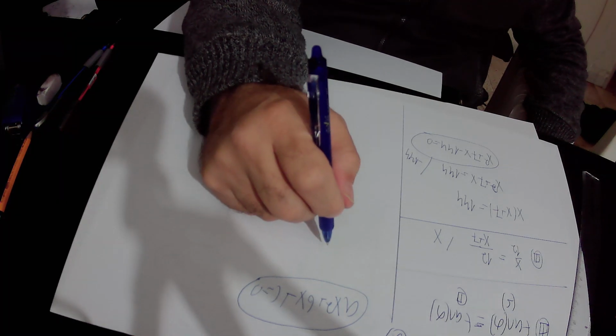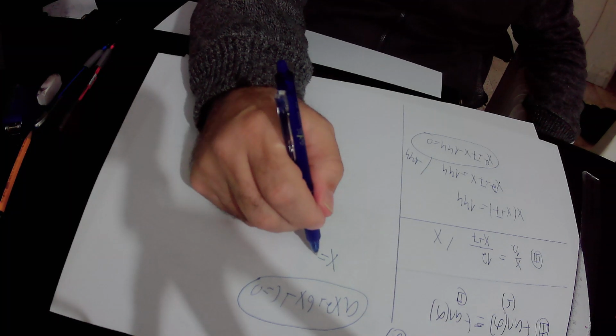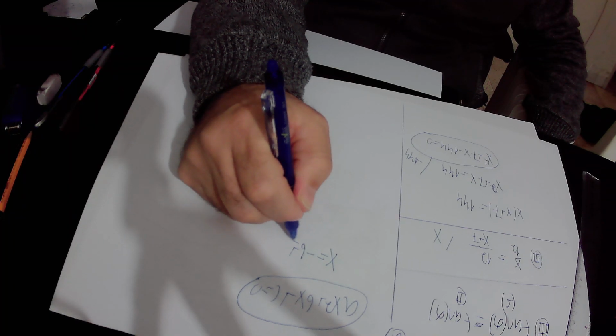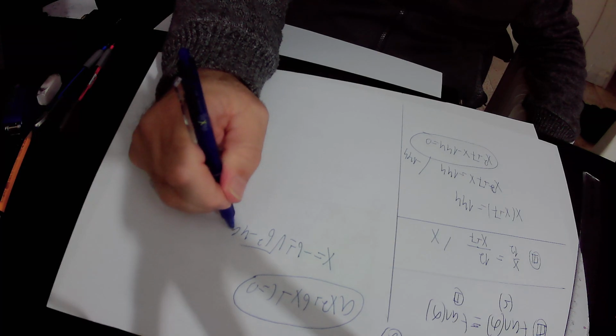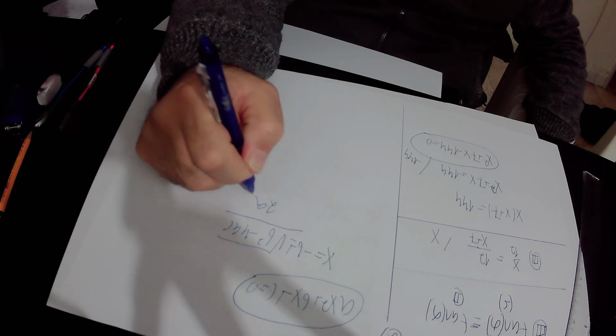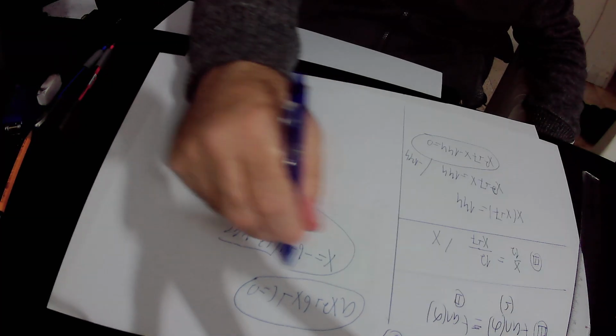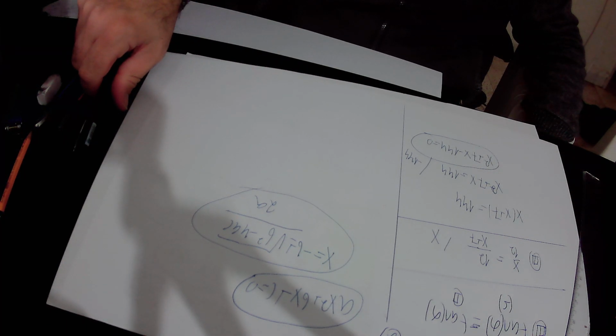And we find the value of x according to the following formula: x equals minus b plus or minus square root of b squared minus 4ac, over 2a. Here also a, b, and c are the coefficients of the quadratic equation.